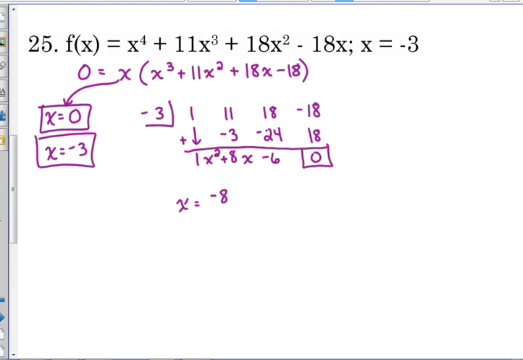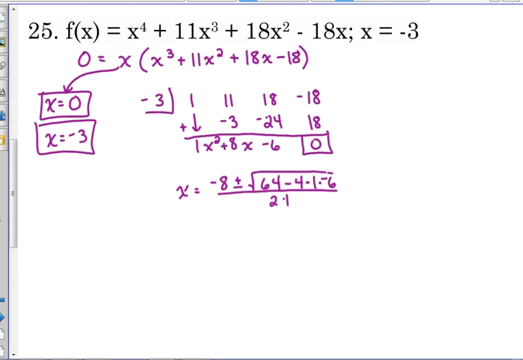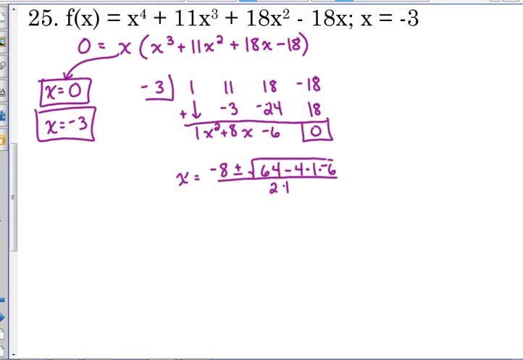x equals the opposite of b, plus or minus the square root of b squared minus 4 times a times c, all over 2 times a. Let's see here.